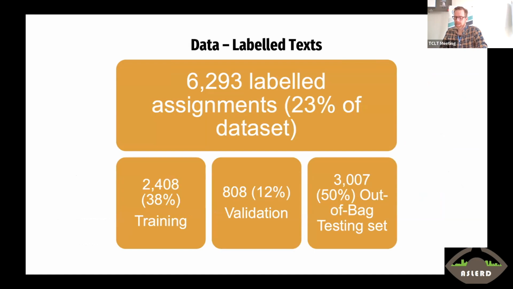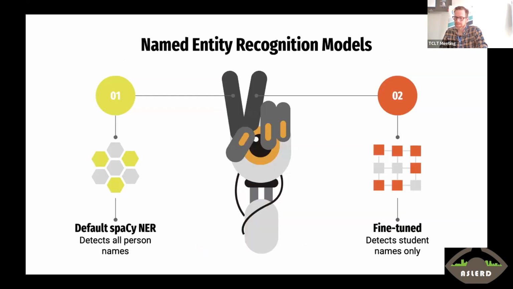We used 800 of them for validation, and then we used about 50% of them as a testing set, because we wanted to be able to go through these texts and these assignments and automatically annotate each one of them for potential PII, so that eventually we can have some system where a computer or machine can go through and hopefully annotate data, clean that data up, and make that data usable and shareable throughout larger language and testing and learning communities, so that we can develop new interventions and new theories about learning.